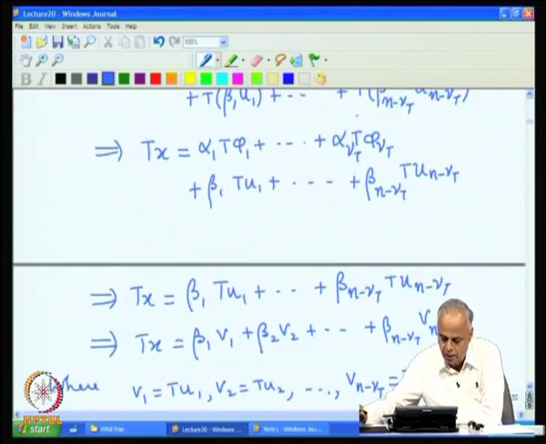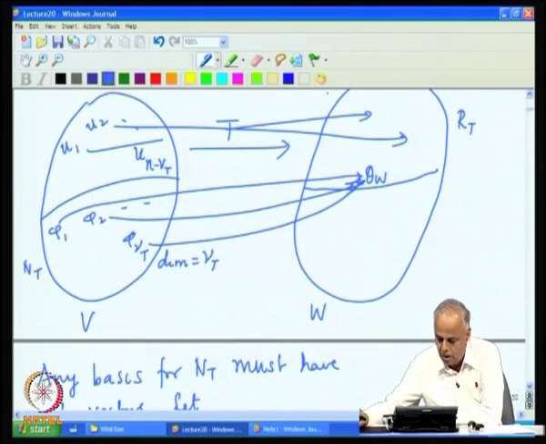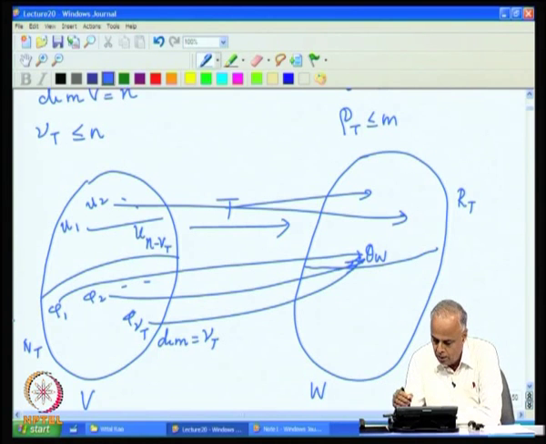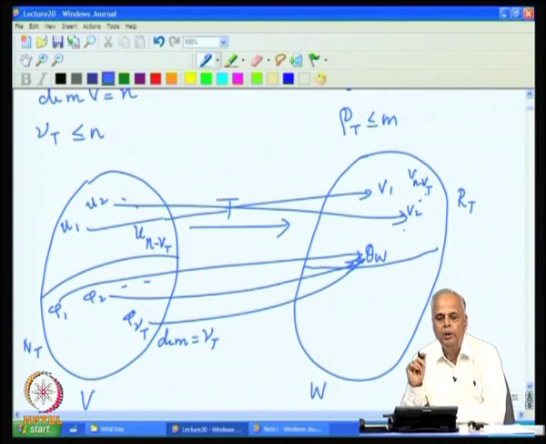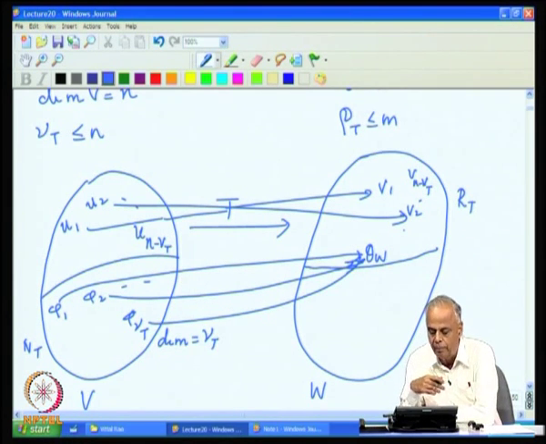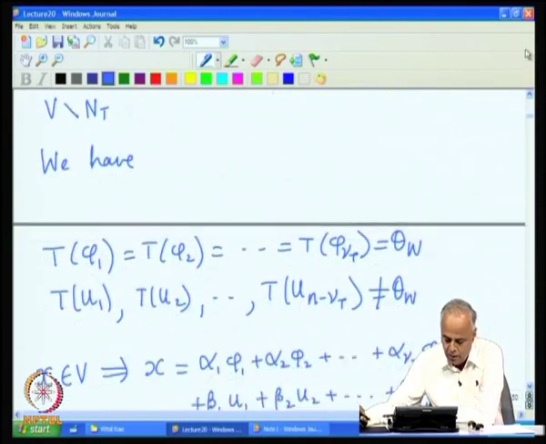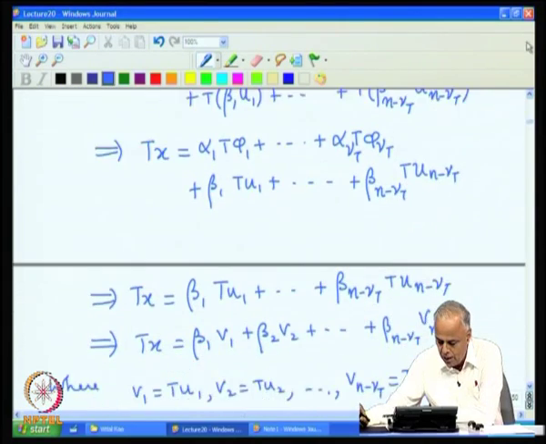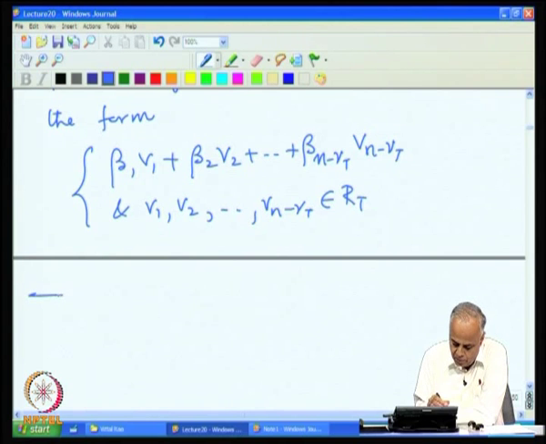So, let us get back to that picture. We have in the picture now u 1 went to v 1, that is T u 1, T u 2 is v 2 and so on, and we get v n minus nu(T). So, in the range of T we have gotten hold of n minus nu(T) vectors, and every vector in the range of T is a linear combination of these v 1, v 2, v n minus nu(T).